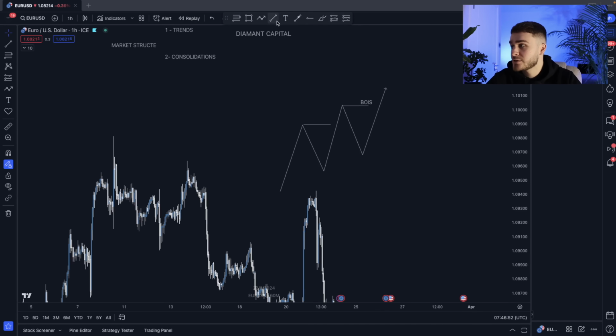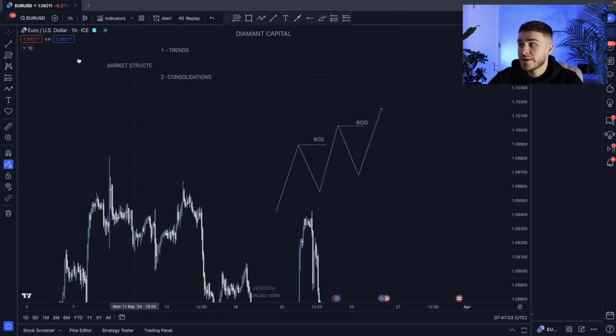The point at which our primary structure is broken, that's when we can understand that this is a change of trend. Once we get a change of trend, we can go from looking for buys to looking for sells. This is very, very simple.